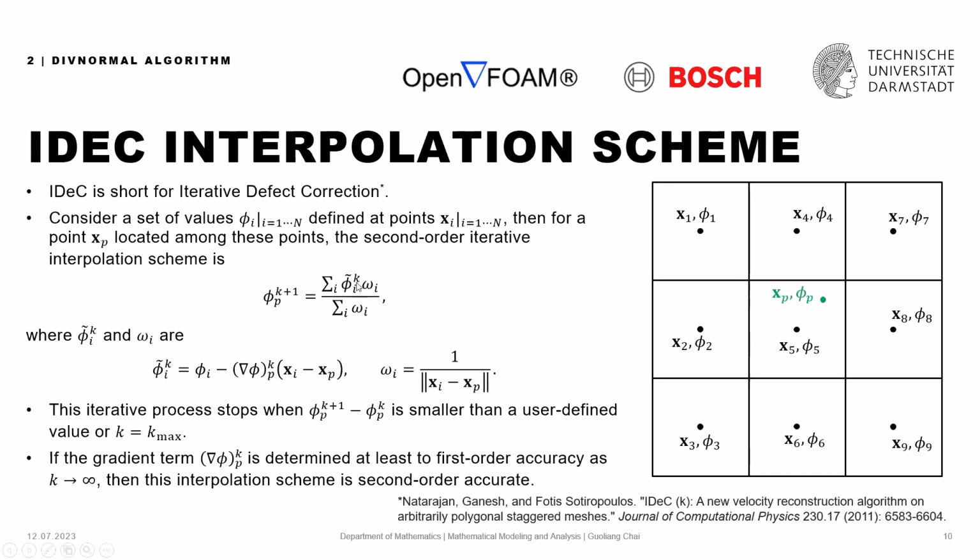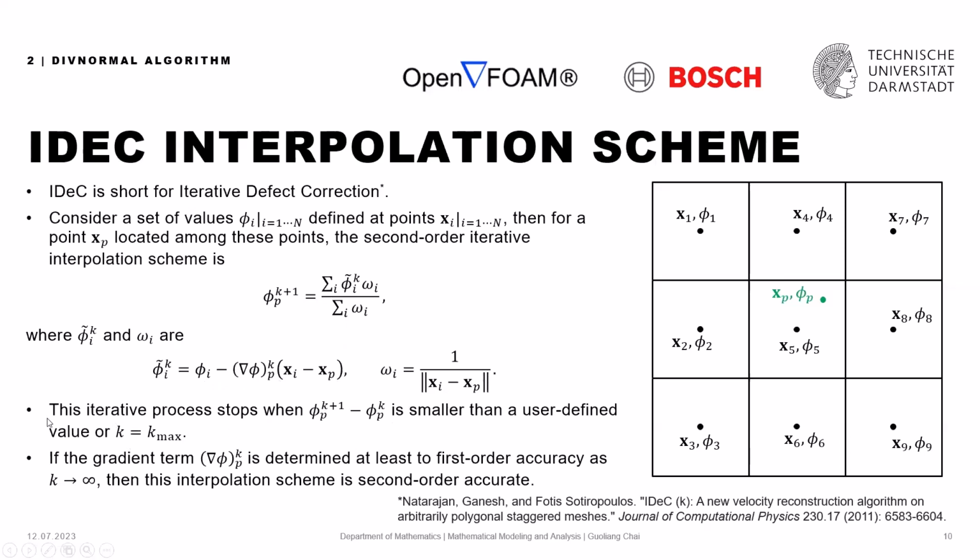You can see that if K equals 0, this is basically inverse distance weighting, because we use this inverse distance as a weighting. But when k is larger than 0, when k becomes 1, 2, within each iteration, we manage to find its first order defect correction term, and then we get rid of this term. So it's called defect correction.